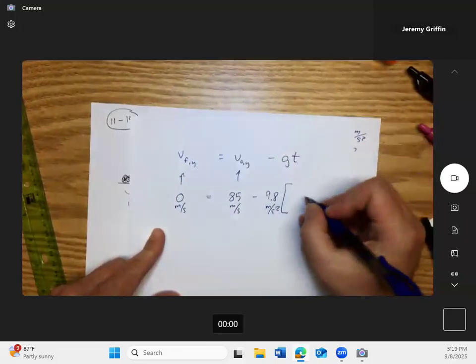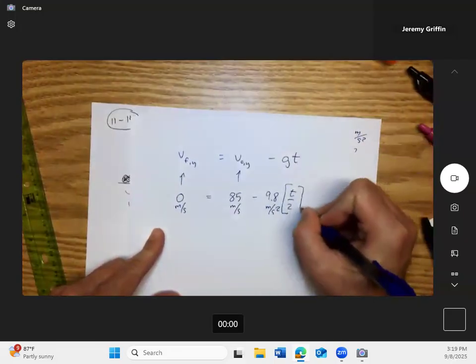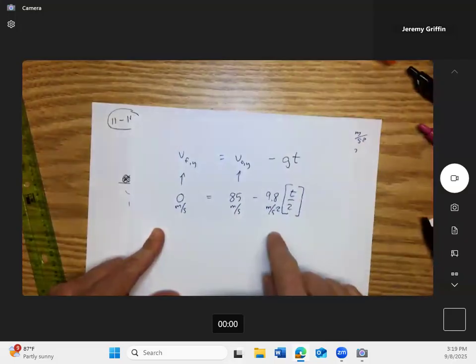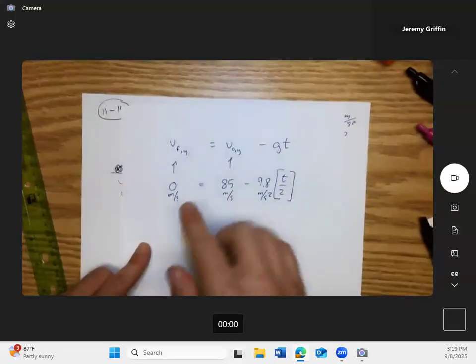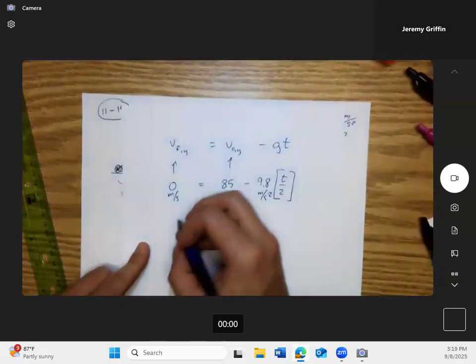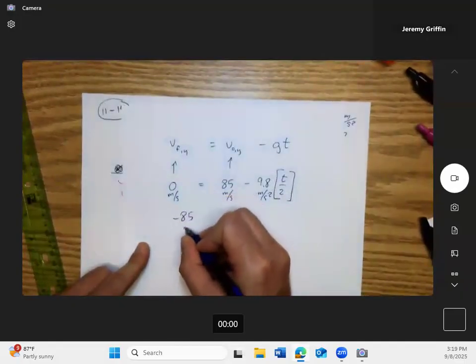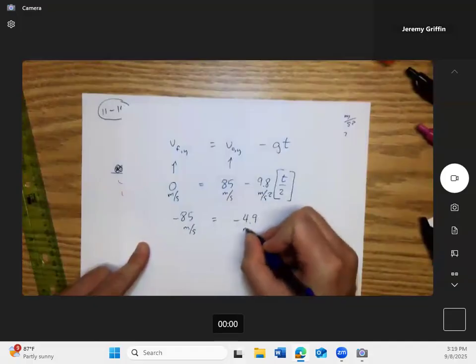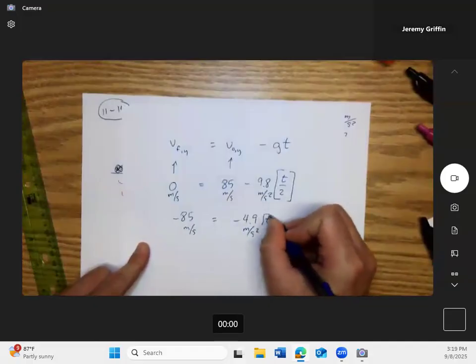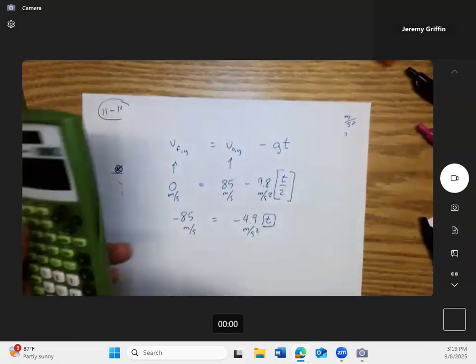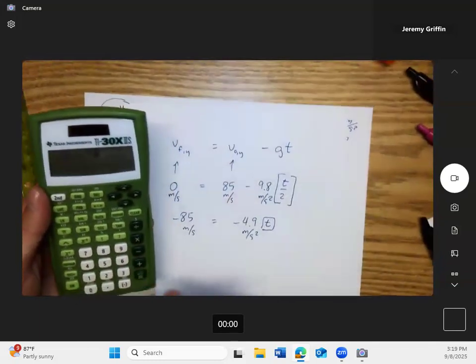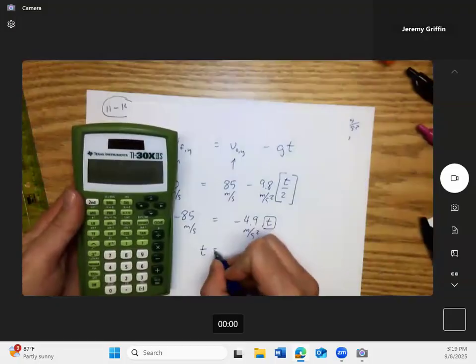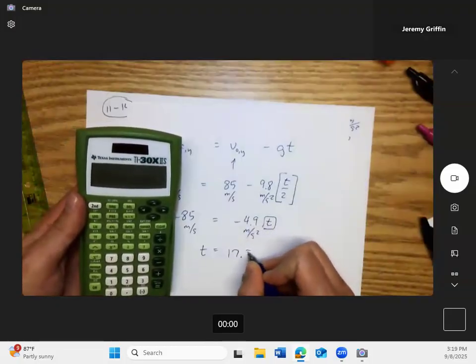So I'm going to say t over 2, and then I'll just double. So subtract this off. That's negative 85 meters per second equals negative 4.9 meters per second squared times t. Divide, and t equals. Oh yeah, it's the same thing again.